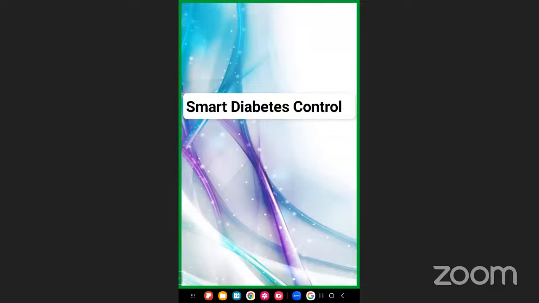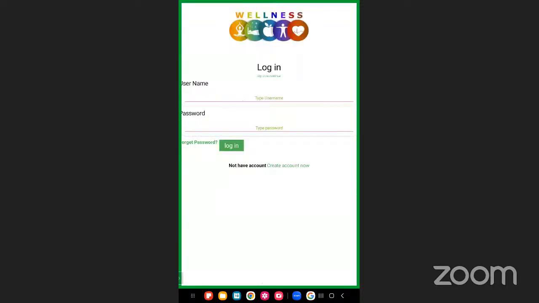Okay, this is the first screen, the splash screen. Our app is named Smart Diabetes Control. The splash screen takes a second and opens the login automatically. On the login screen, we have, as you see, the username and password, and we can try that.